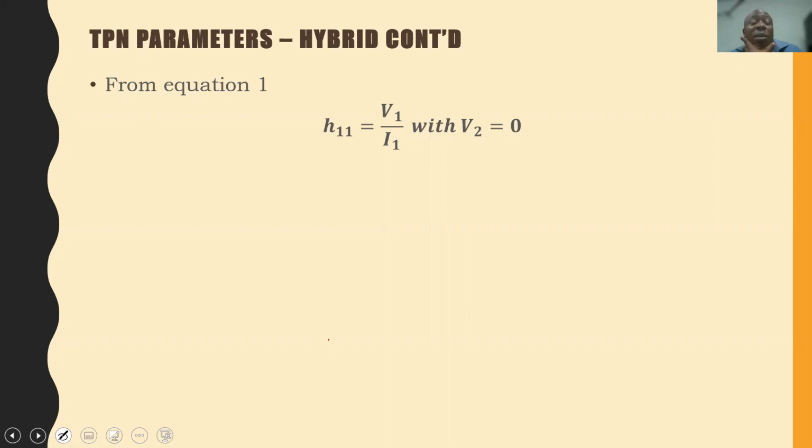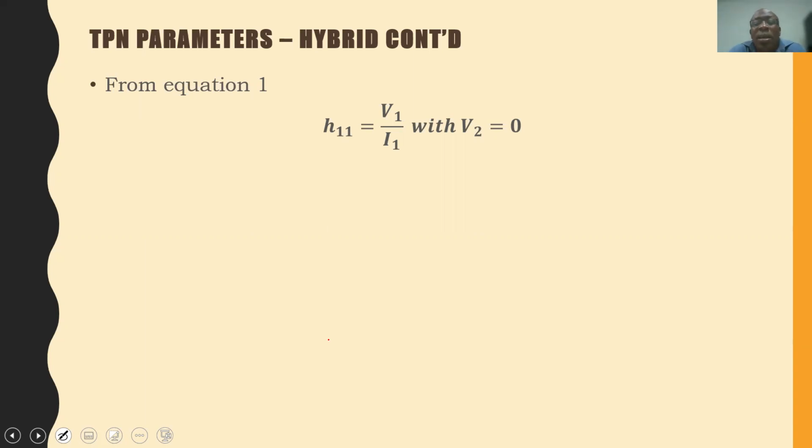What can you say about H11? What would it represent? Well, we're dividing a voltage by a current. What does that give us? Voltage by current would give us impedance. All right, so it's an impedance. Good.